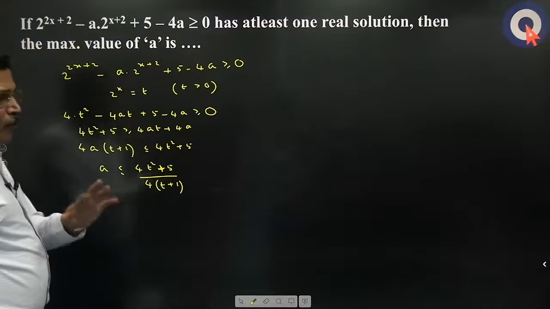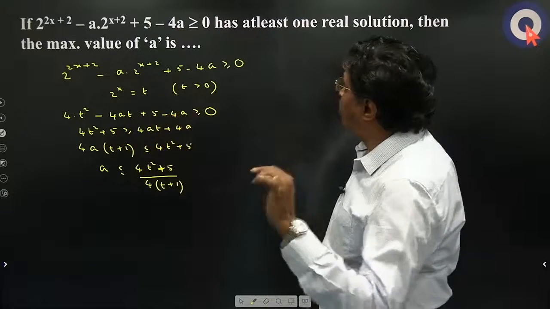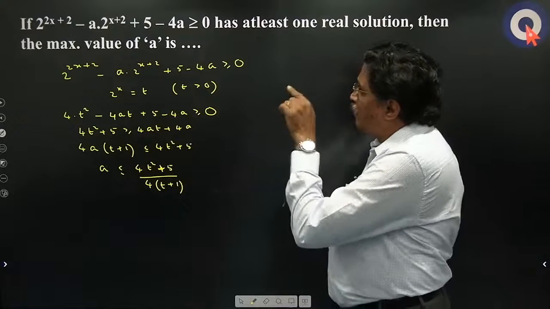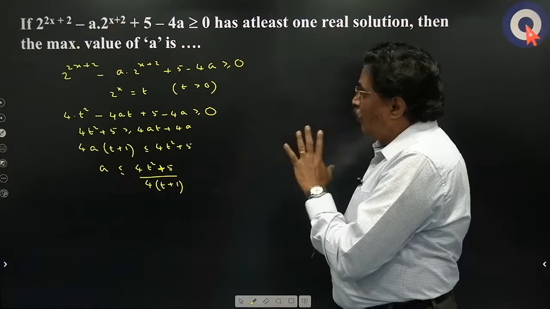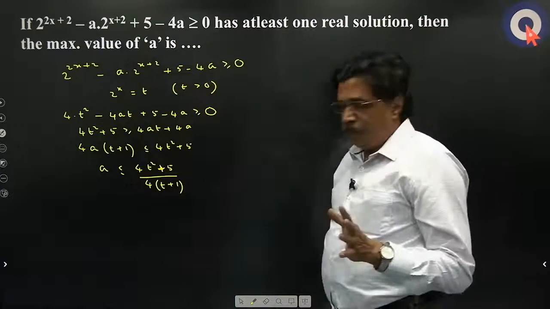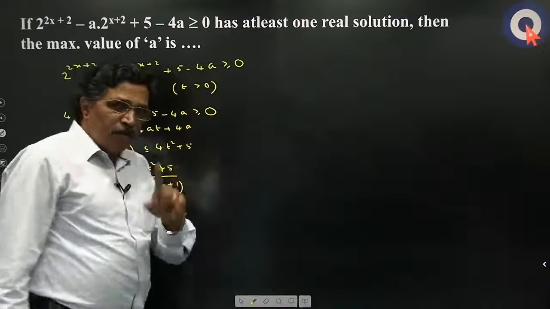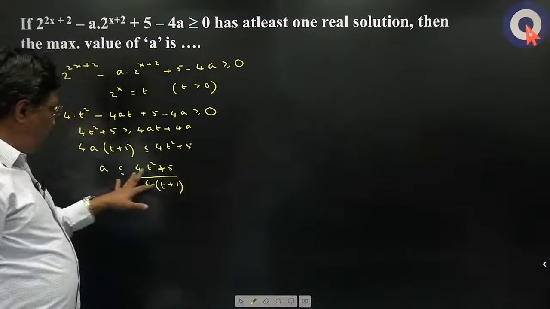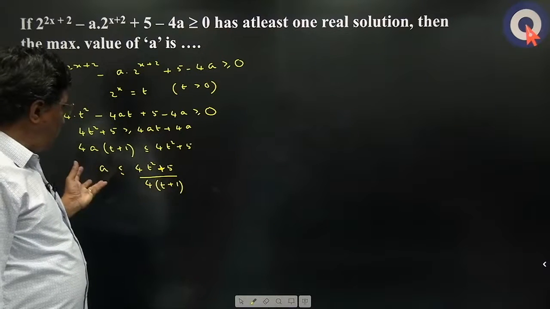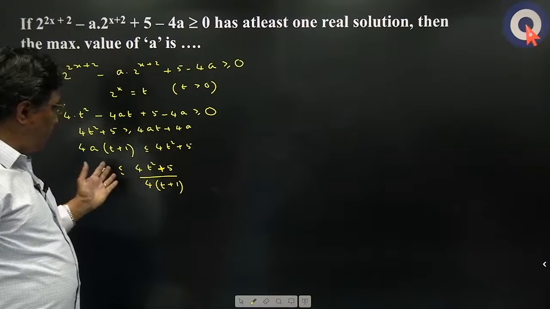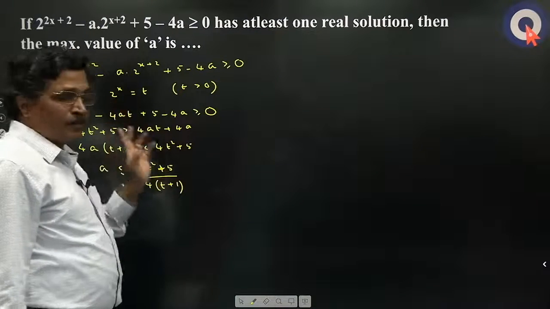Now the question here is, we need to understand what's required here. If this inequality has to have at least one real solution, then the maximum value of a. So if this inequality has to have at least one solution, a has to be less than or equal to this much. So now the parameter a has to be less than or equal to this for different values of t, meaning different values of x.